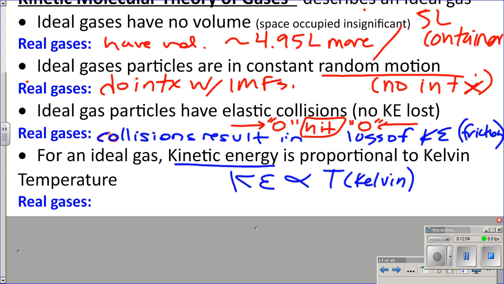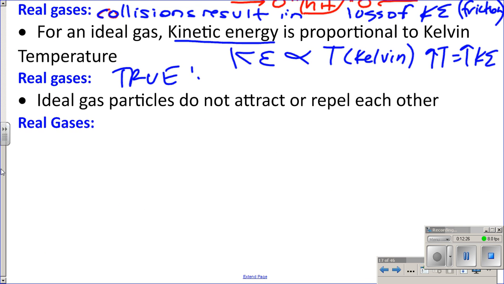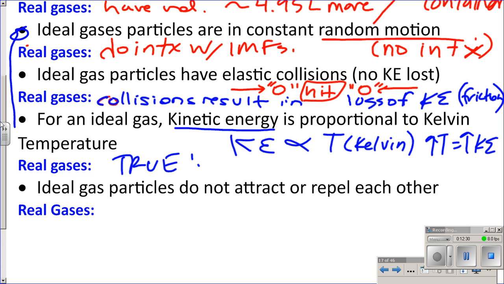This statement is true for everything. That's one we're not lying to ourselves on. So for an ideal gas, kinetic energy is proportional to Kelvin temperature. If I increase temperature, I increase kinetic energy. They'll move faster.